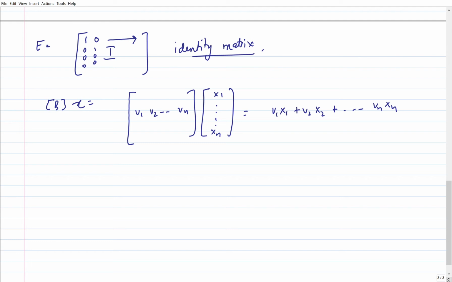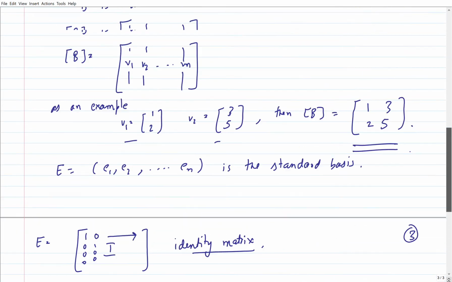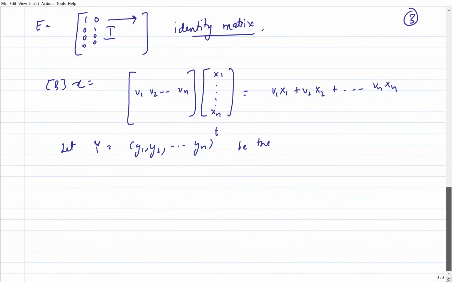So for example, let y be the vector, and x the coordinates.